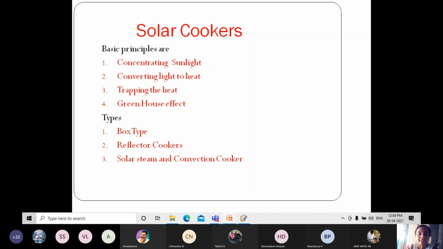This amplifies the heat trapping effect. This is what the greenhouse effect is. And when you come to the types, there are box type, reflector cookers, and solar steam and convection cookers.